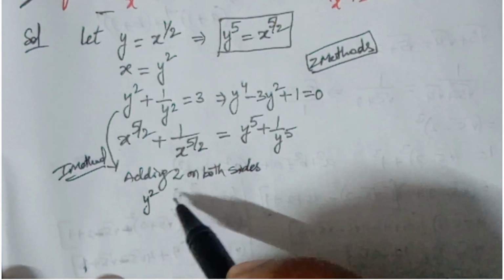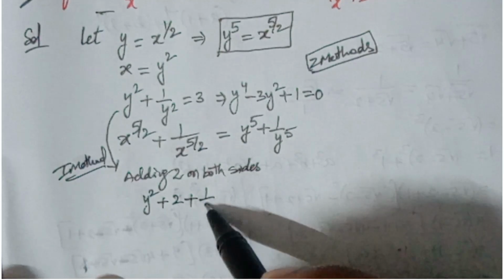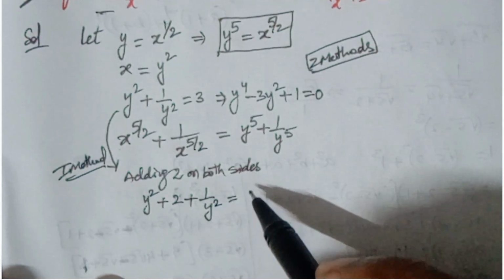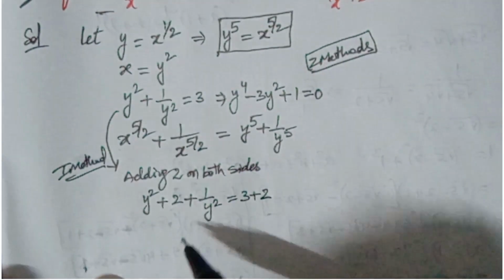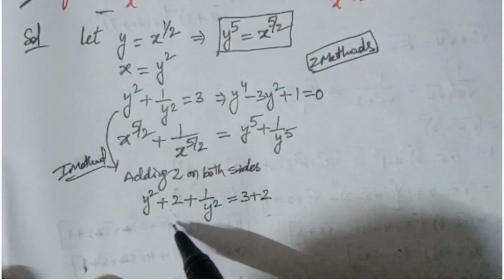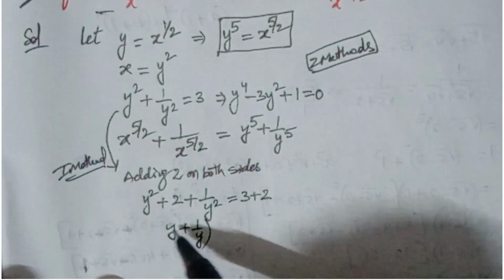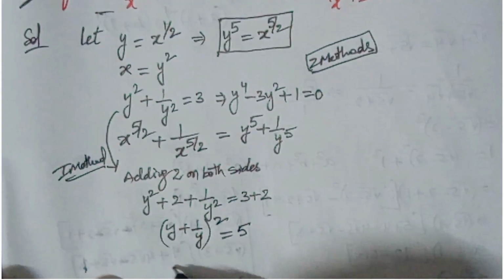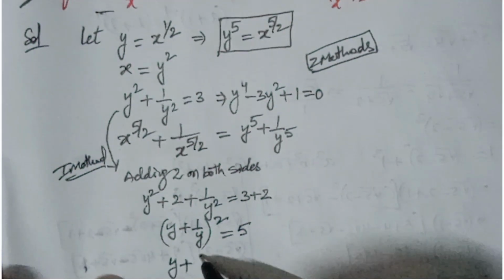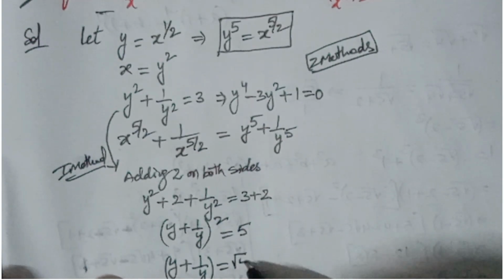So y square plus 2 plus 1 by y square is equal to 3 plus 2. Adding 2 on both sides. Now it is a formula, y plus 1 by y whole square is equal to 5. So you can write y plus 1 by y is equal to root 5.